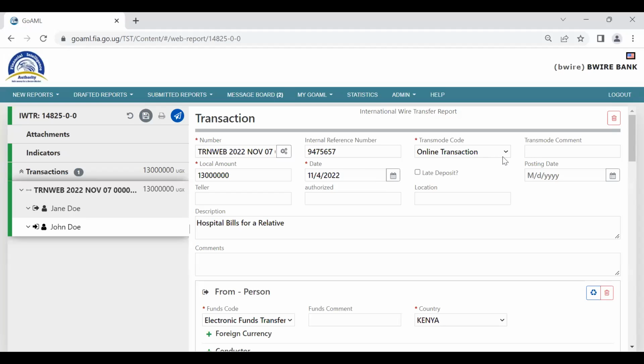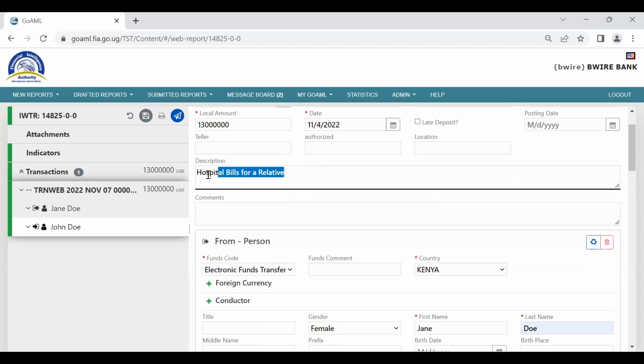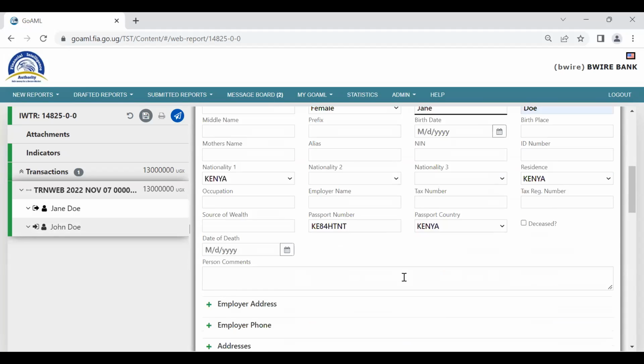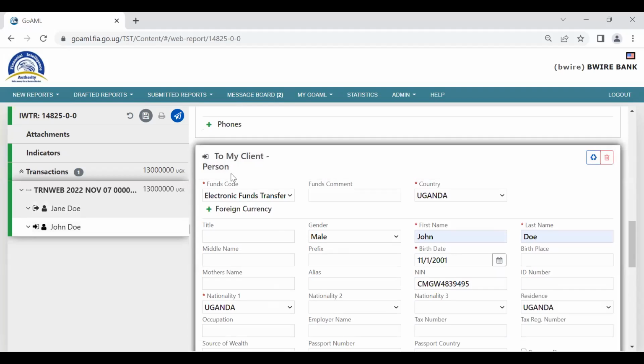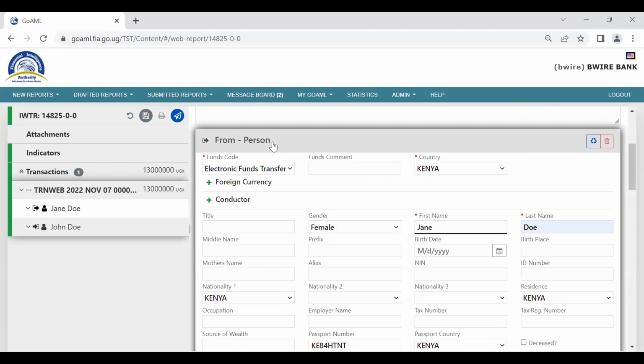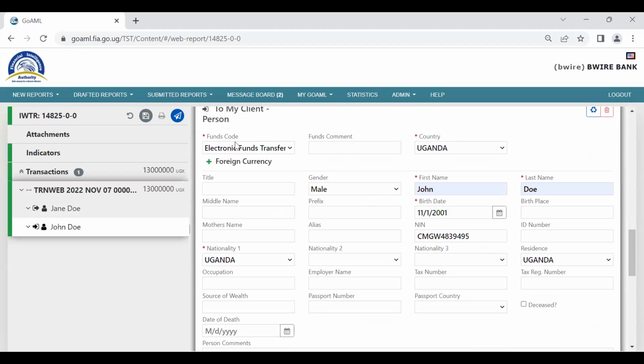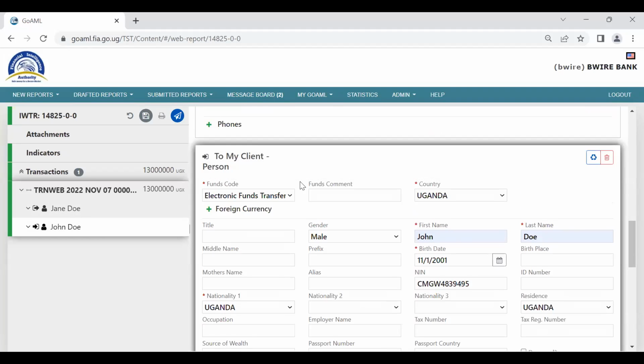So this person is receiving money for hospital bills. The person who sent has these details about them. The sender is not your customer, but the recipient who's picking the money is your customer, and we treat them as the client.